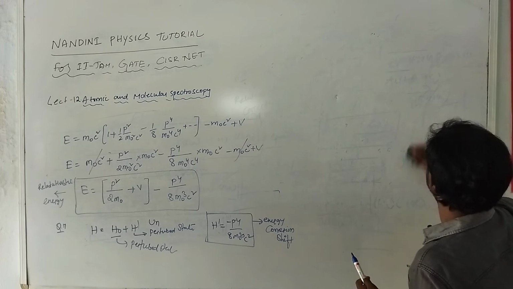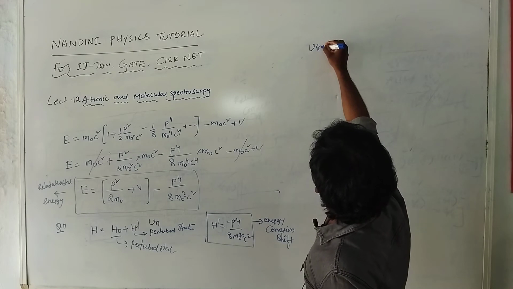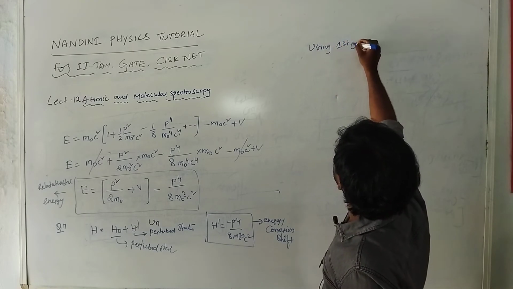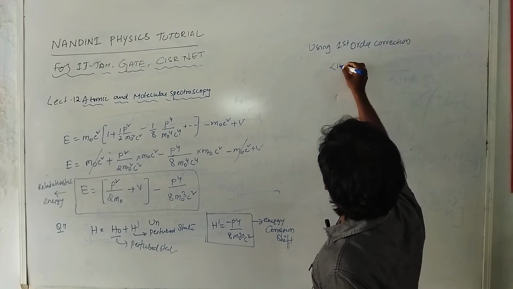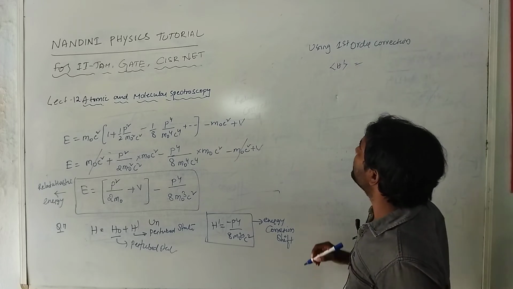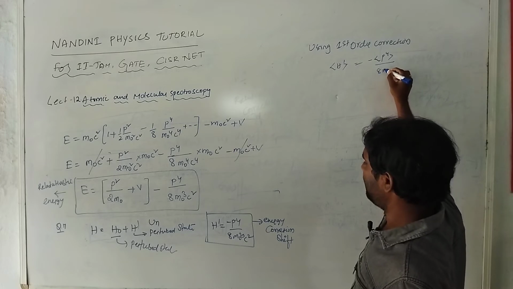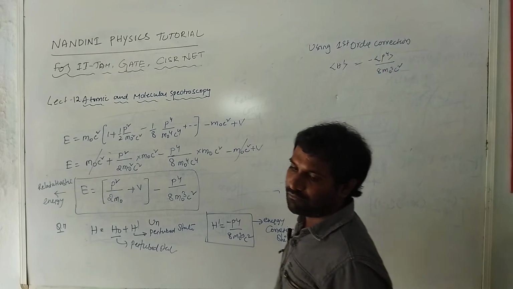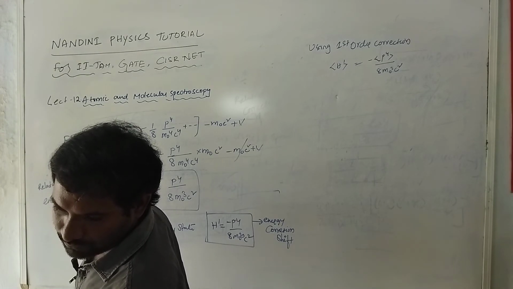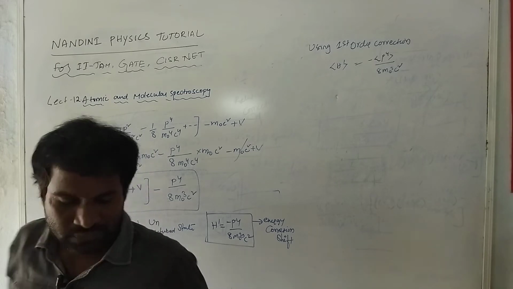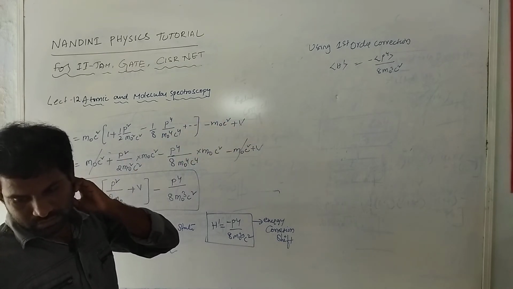So taking the Hamiltonian perturbation, H dash is equal to minus expectation of p power 4 by 8 m naught cube c square. So this is the first order correction theory. How will I take the first order correction?